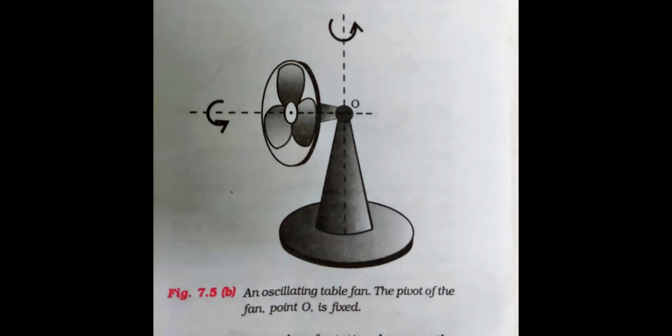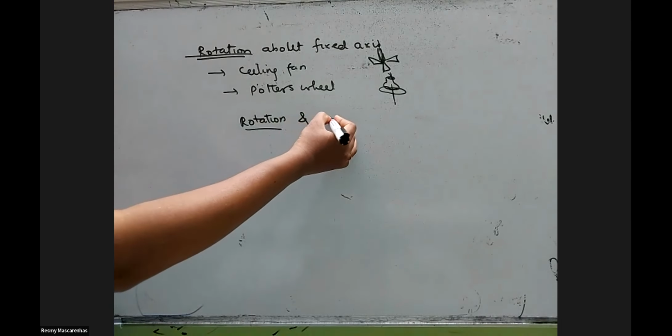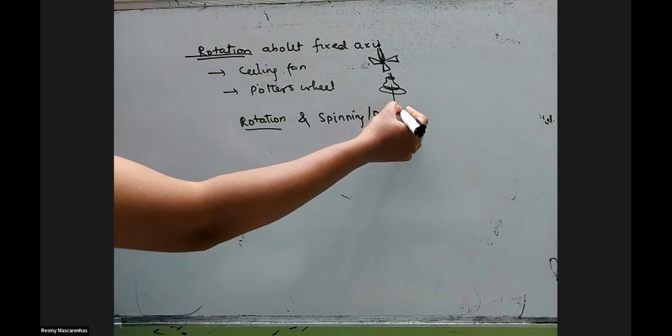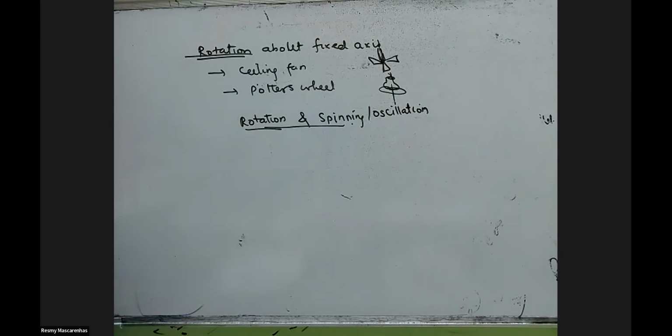The pivot means a fixed position. So these are examples of two different axes, and there could be spin also, or it could oscillate also. These are all examples of rotational motion only.